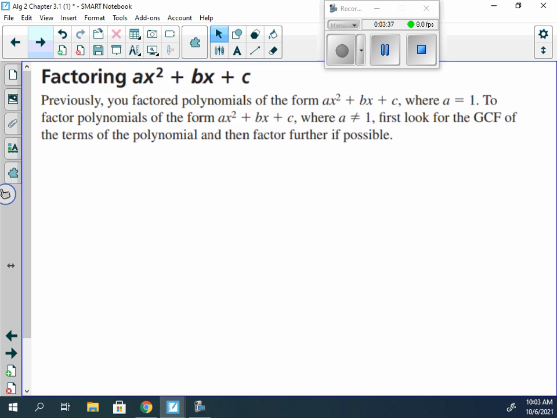I have some steps that I've been given and I think work pretty well to help us get there. Previously, you factored polynomials of the form ax squared plus bx plus c, where a is equal to 1. To factor it when a is different than 1, we first look for a GCF and then factor.